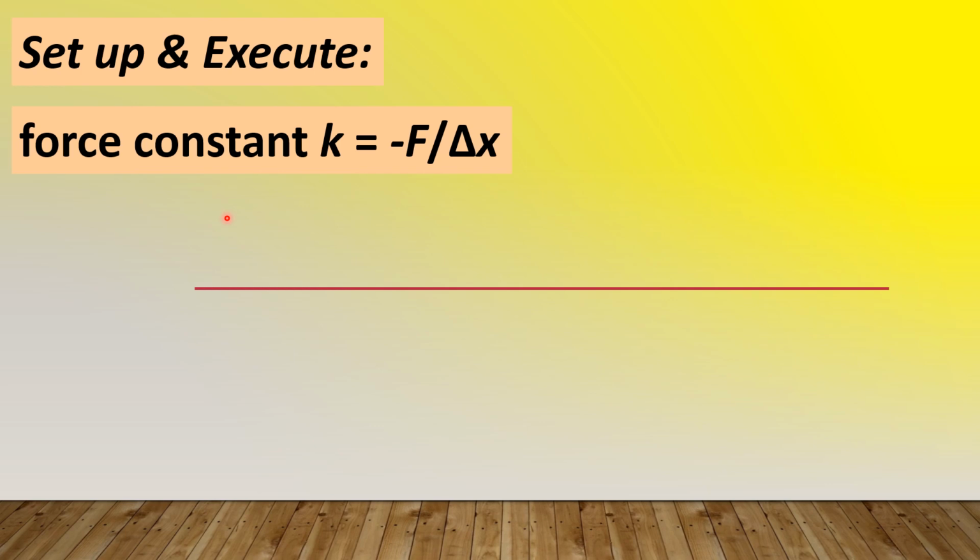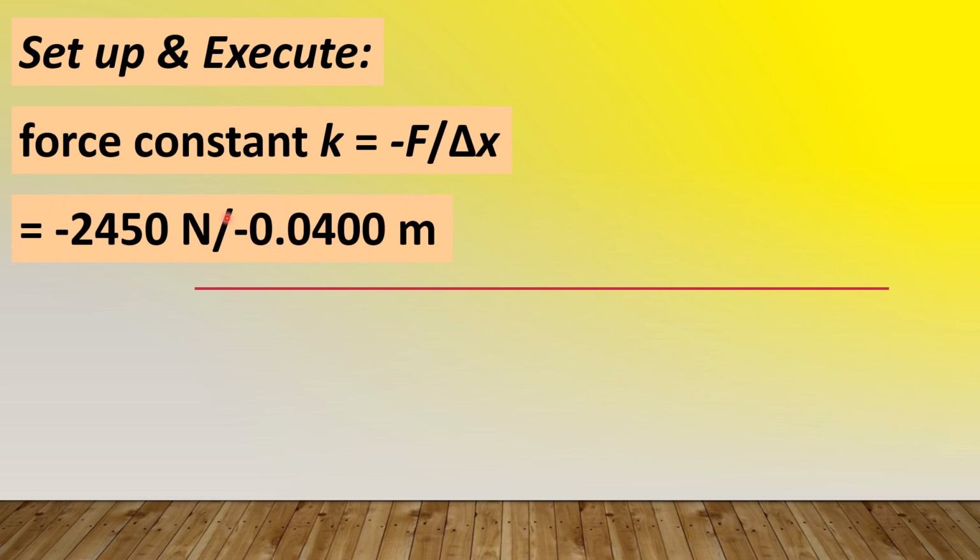So substituting, we have negative 2,450 newtons divided by negative 0.0400 with three significant figures for delta x, that's in meters. Simplifying, we get the value for the force constant K equal to 6.13 times 10 to the fourth power kilogram per second squared in three significant figures.